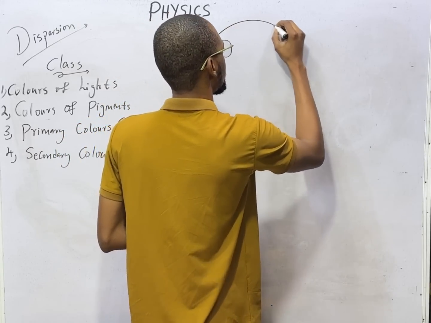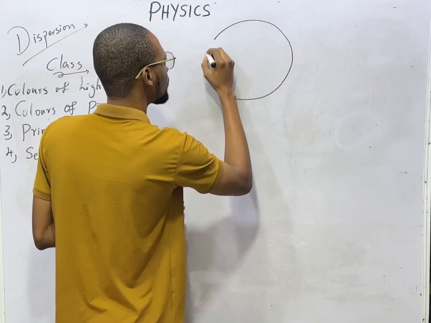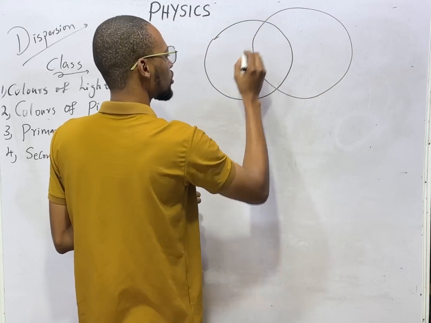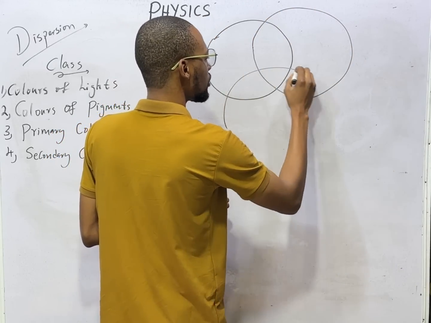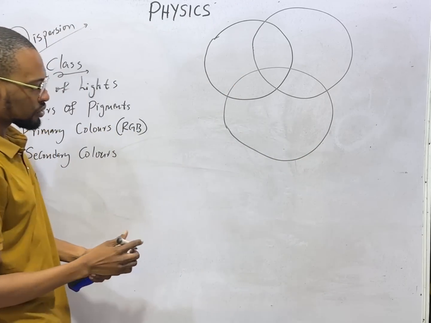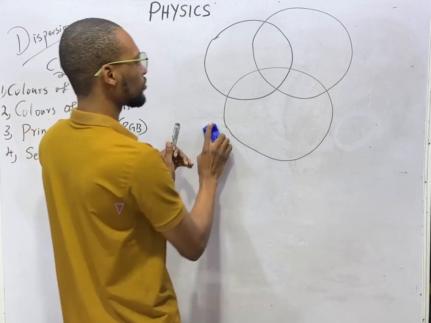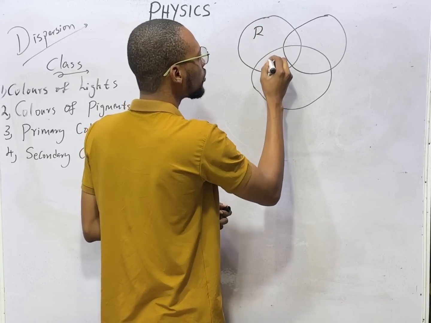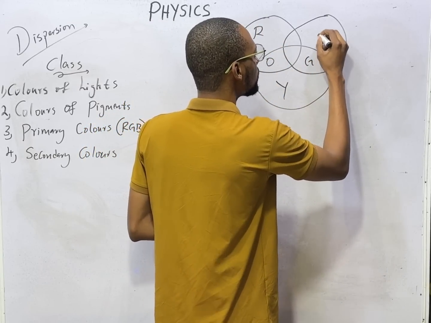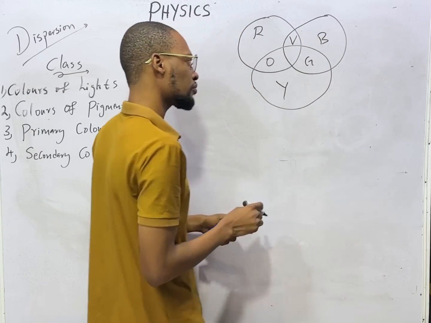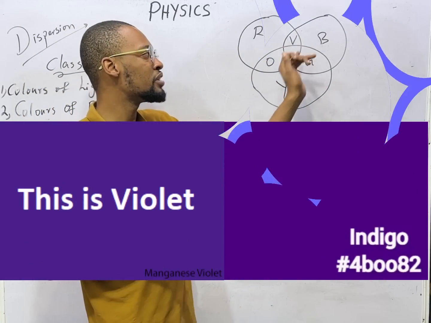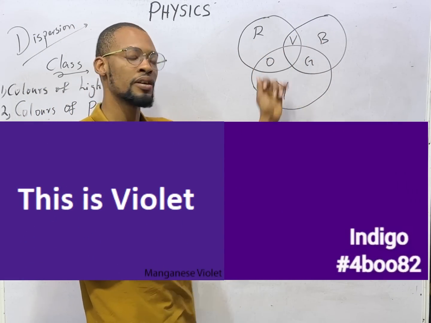Let's say the first is this. This is too big. Will I have a space for the other ones? Arrow R O Y G B V. Don't put the I. So just write something like this: arrow R O Y G B V. That is red, orange, yellow, green, blue, and violet.